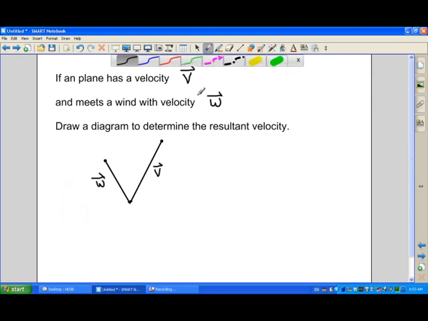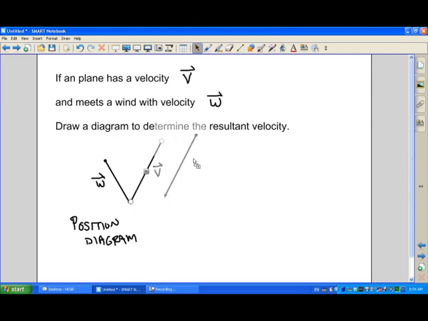What I've drawn as my setup is called a position diagram. We want to take this position diagram and draw a diagram that will show us the resultant velocity.